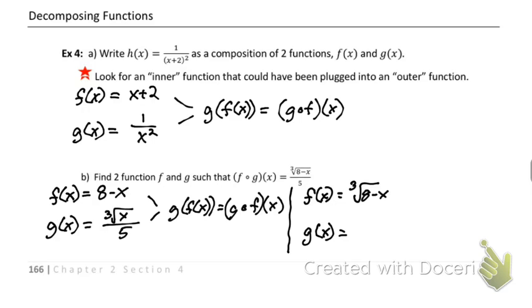So I'm just going to put an x on top. And that would just be x over 5. Well, if I want to combine these, I want to put f of x in place of that x. So once again, it'd be g of f of x.